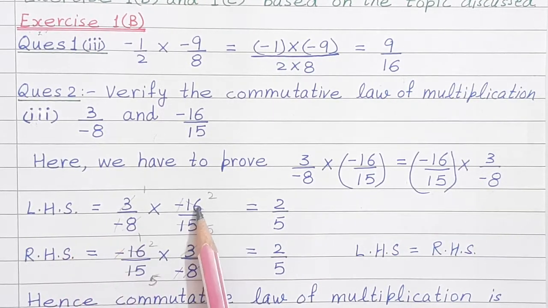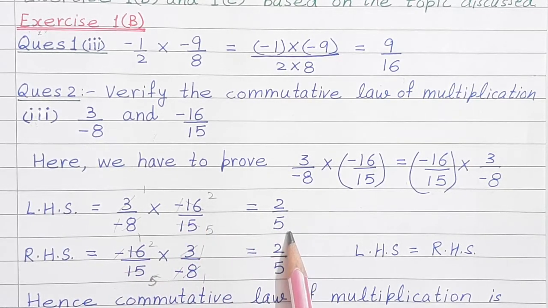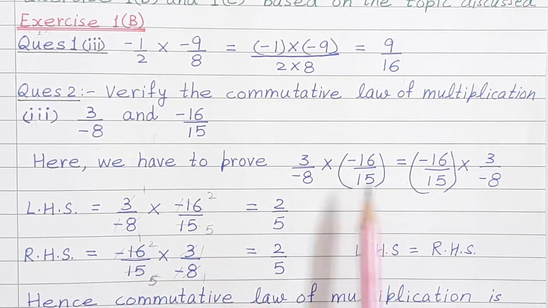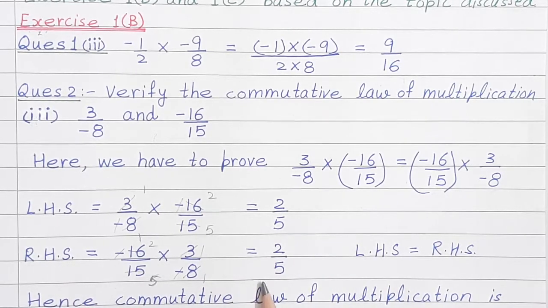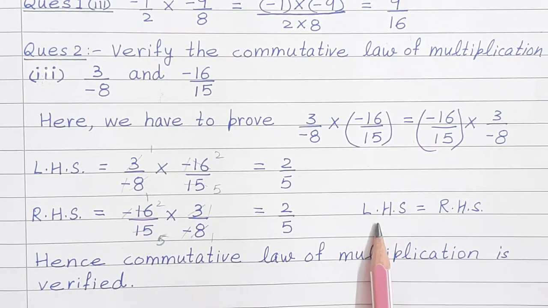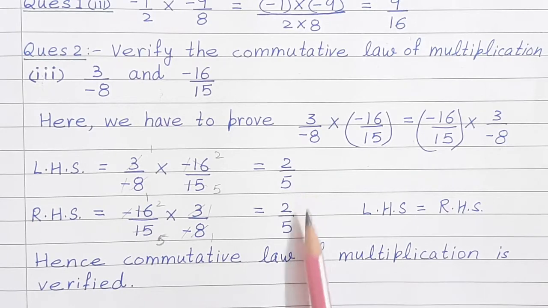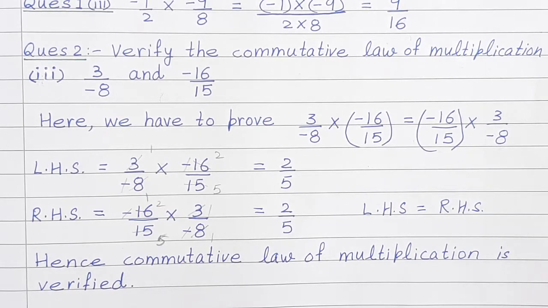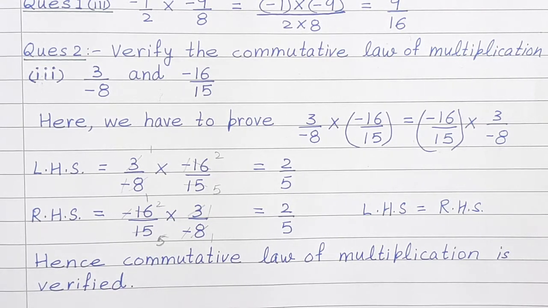Now after solving the left hand side, the answer is 2 upon 5. Children, you need to show the steps and all the calculations here, right? And the right hand side is also 2 upon 5. Hence, now since left hand side and right hand side both are equal to each other, so commutative law of multiplication is verified. I hope it is clear to everyone now.